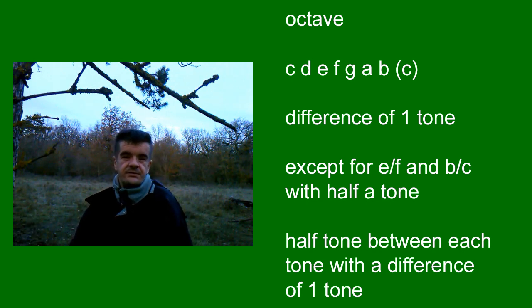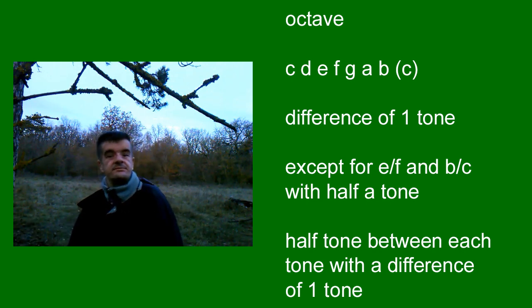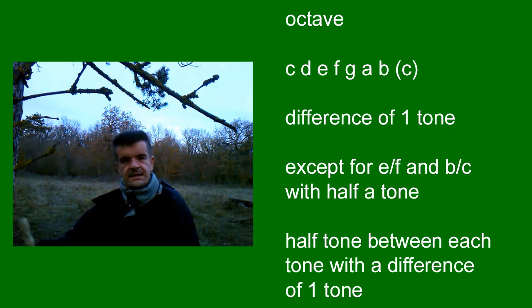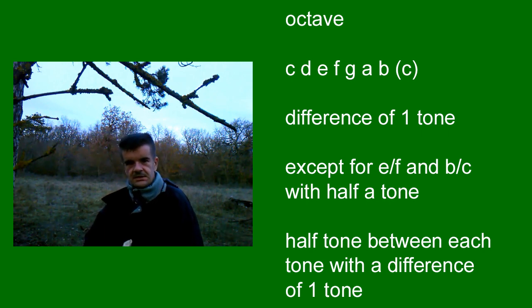So, in fact, I could have said an octave is C, D, E, F, G, A, B, C. Once again, with the last C actually belonging to the next octave.